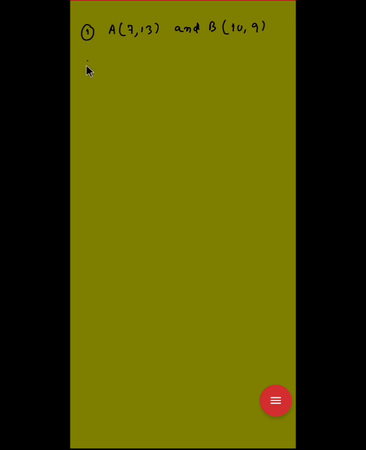So we are simply using the formula: AB is given by under root of (x2 minus x1) whole square plus (y2 minus y1) whole square, and after that we are going to simply substitute the values accordingly and do the calculation.